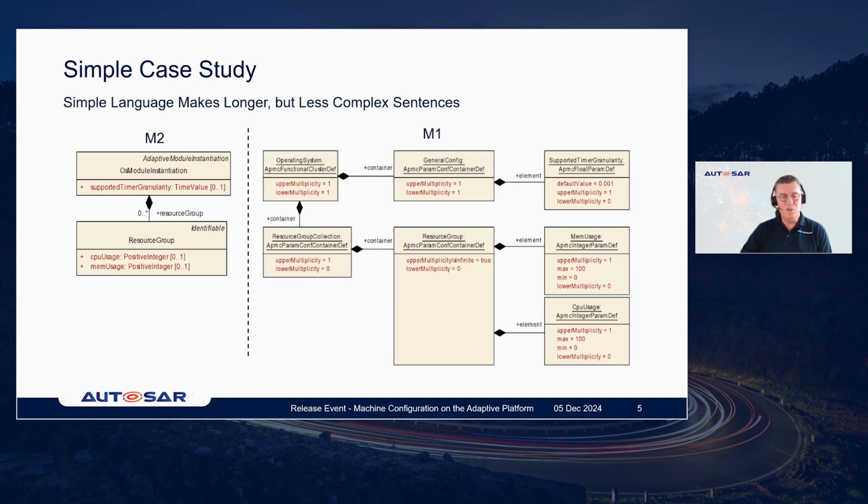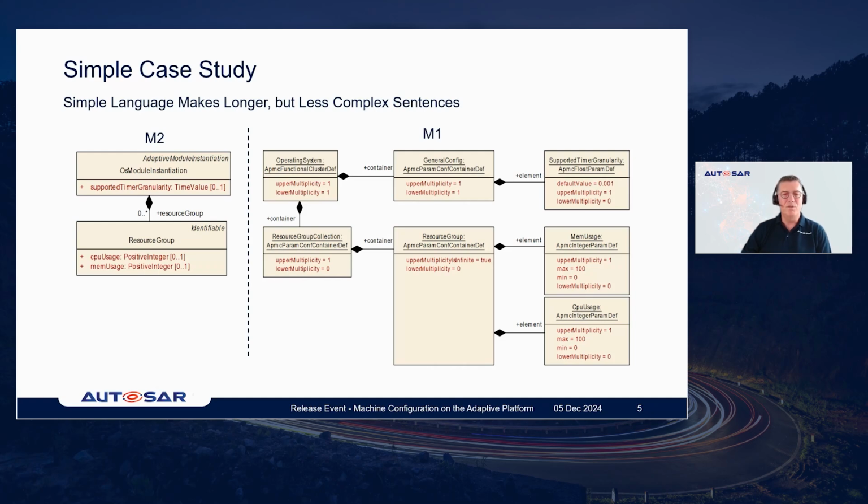But if we switch over to the simpler M1 situation, we see that there are more blocks which we need for the modeling, but each block is very simple, so they don't have the complexity of the M2 model.